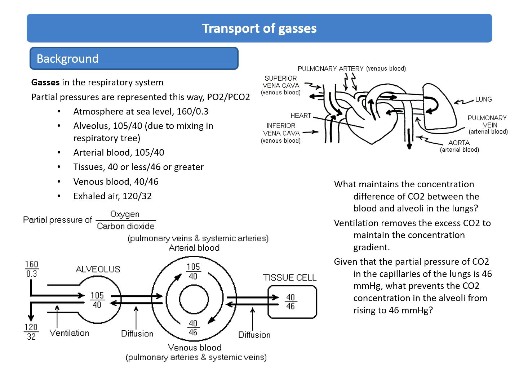Given that the partial pressure of carbon dioxide in the capillaries of the lungs is 46 millimeters of mercury, what prevents the carbon dioxide concentration in the alveoli from rising to 46? Well, it's the same answer. Ventilation is removing the excess carbon dioxide, maintaining the concentration gradient.